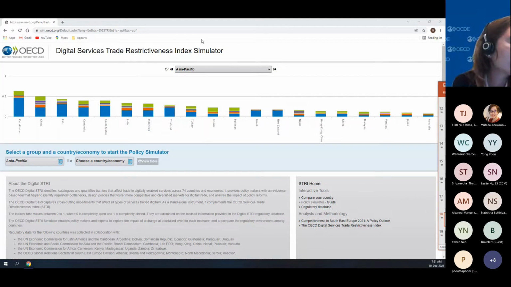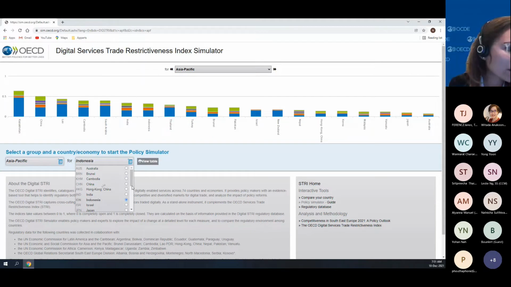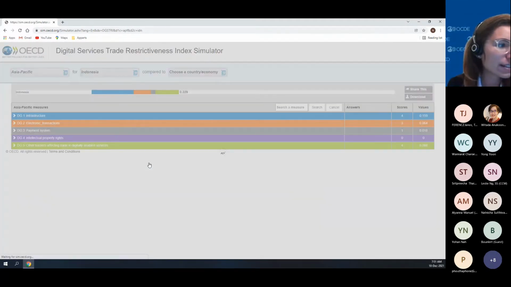Here we're going to select Cambodia, or maybe Indonesia, as you had already done it for Indonesia. So how does the economy's STRI result compare to the best practice? Here, for Indonesia, you can find the full result.